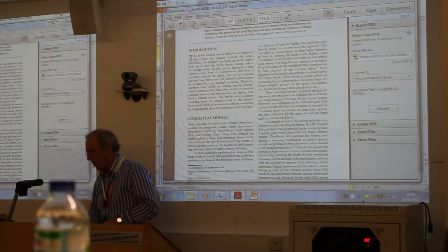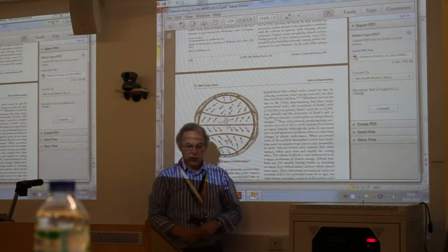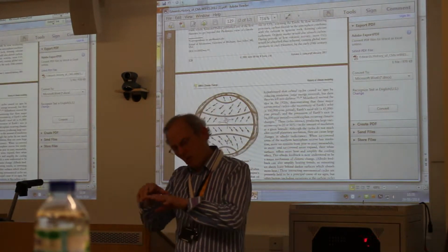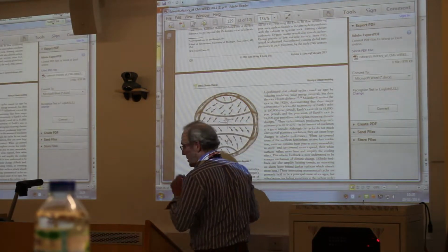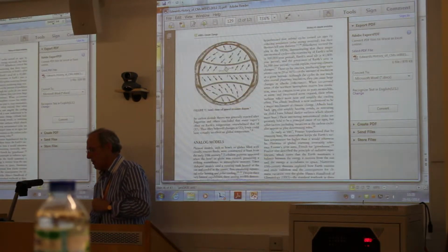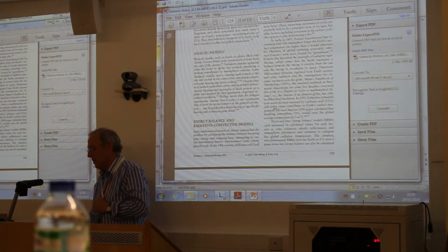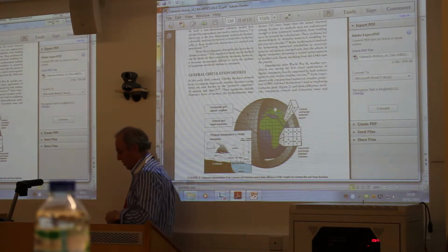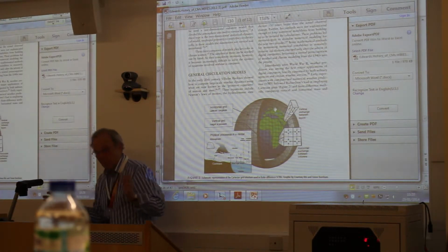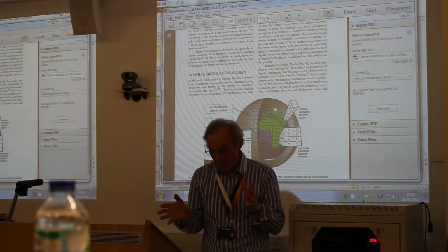Then Ferrel comes along and adds another cell, which makes it a little bit more complicated. Those basic ideas worked, but of course, how did they actually do the calculations? Well, they did them by various types of back-of-the-envelope calculations.